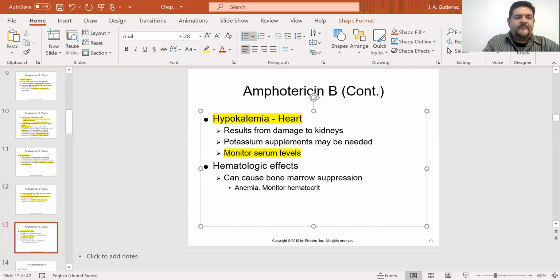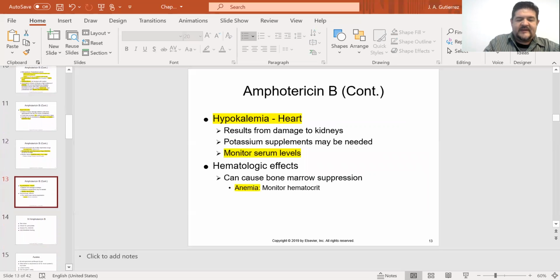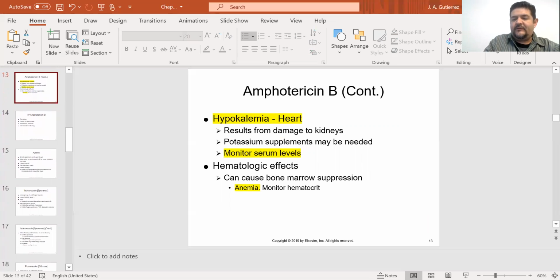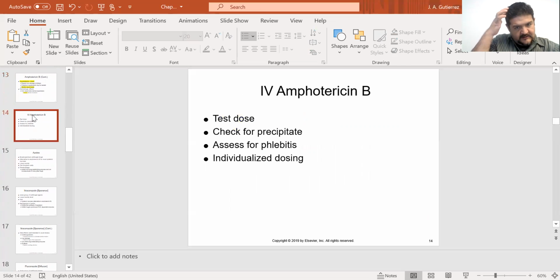It's gonna become less strong in the relaxation portion, so it's gonna be unable to contract properly. Regarding the blood or bone marrow, anemias. Amphotericin B is gonna damage the formation of red blood cells. So that means that we need to do CBCs also besides kidney function tests.